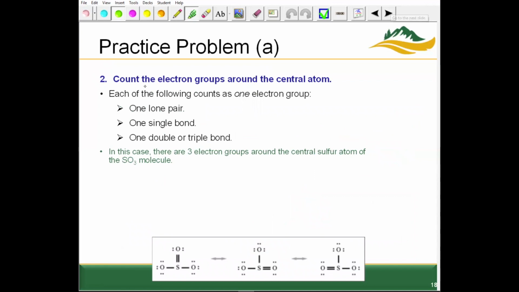Next, we need to count the electron groups around the central atom. Each one of these just counts as 1 electron group. If we see a lone pair of electrons, that is 1 group. If we see a single bond, that is 1 group. Double and triple bonds are also just 1 group.